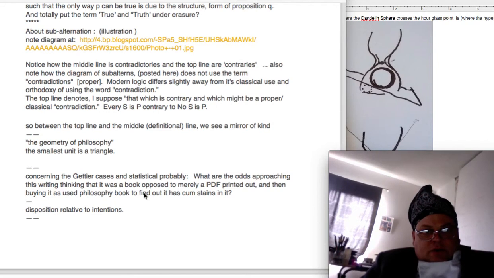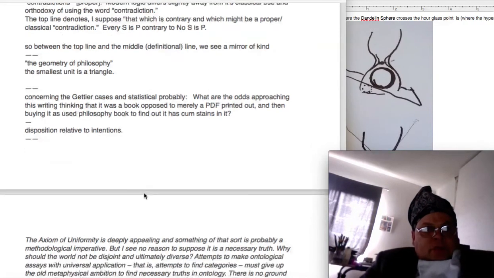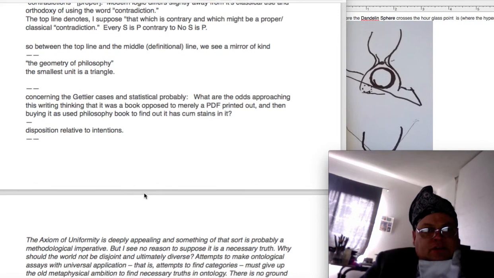The top line denotes, I suppose, that which is contrary and which might be a proper classical contradiction. Every S is P, contrary to no S is P. So between the top line and the middle definition line, we see a mirror of kind. The geometry of philosophy, the smallest unit is a triangle.